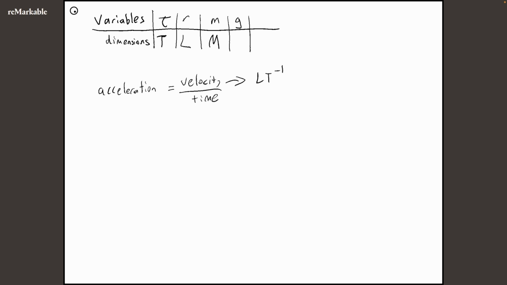So therefore, acceleration is equal to LT negative 2. Finally, we have theta. Now theta is completely independent of mass, length, and time. So it'll just be 1, or M0, L0, T0.